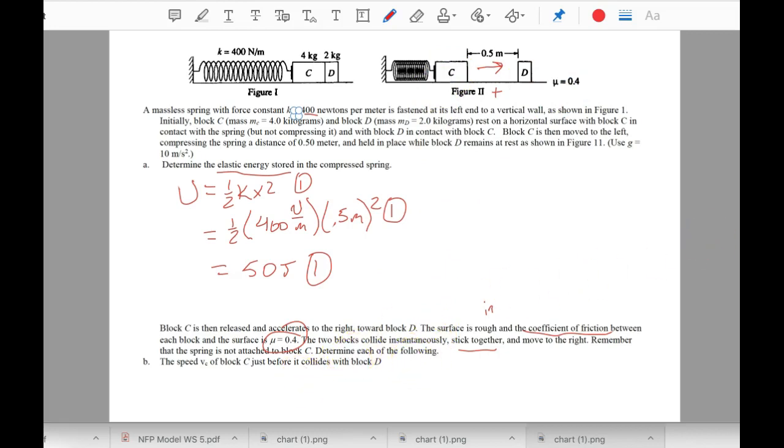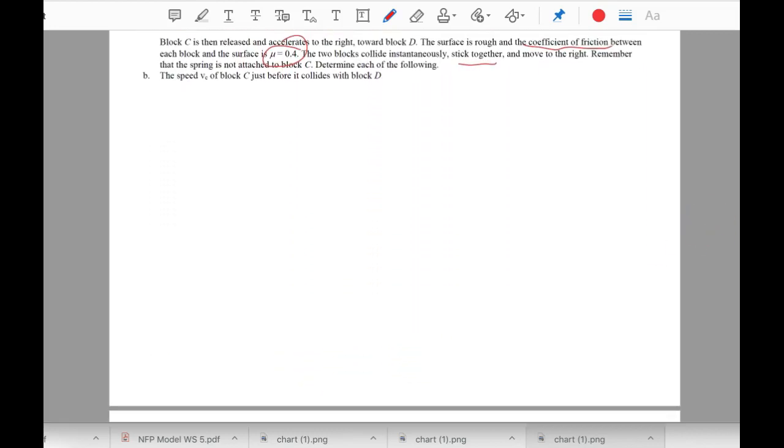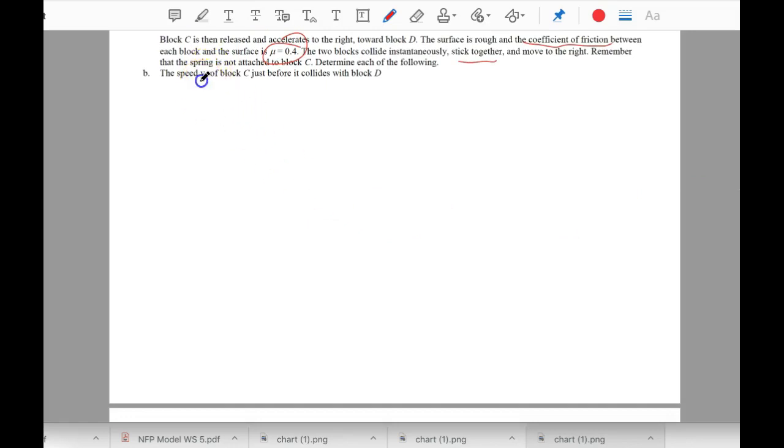They want us to determine each of the following. The first thing here is the speed Vc of block C just before it collides with block D. We're going to go back and use kinetic energy again here. So we know that kinetic energy is equal to 1/2 of the mass of block C times the velocity of block C squared.